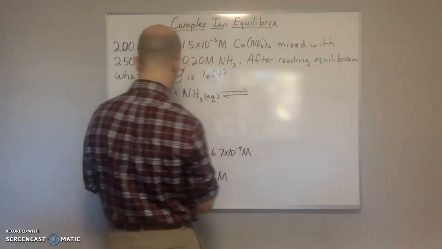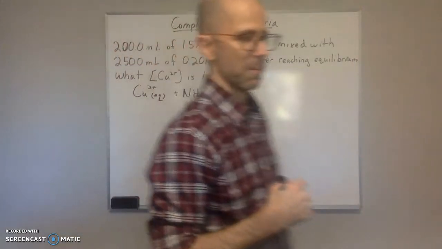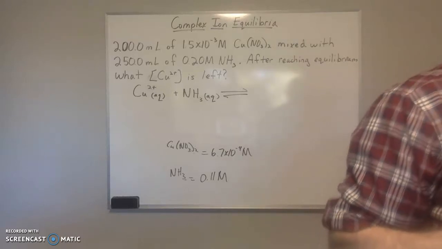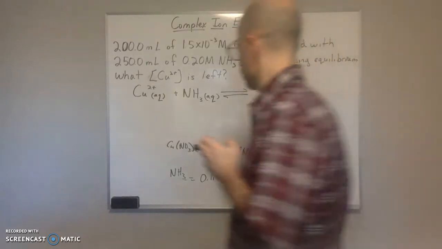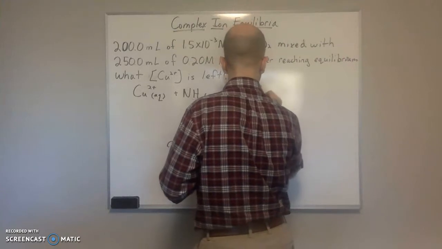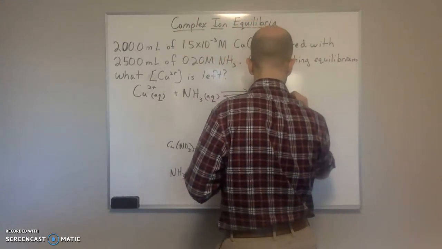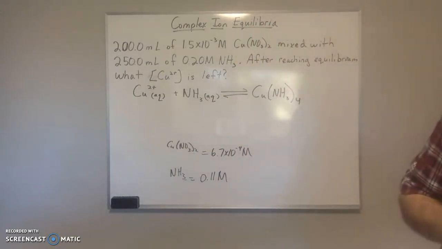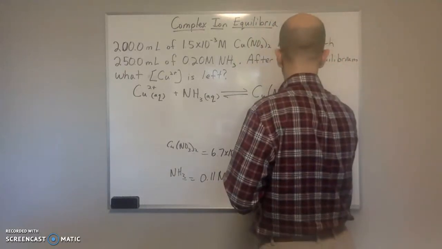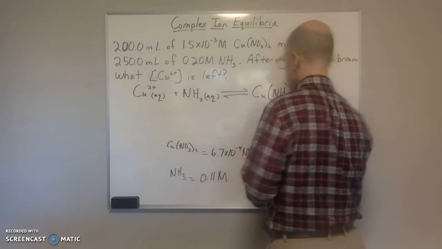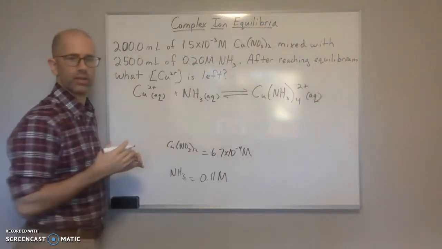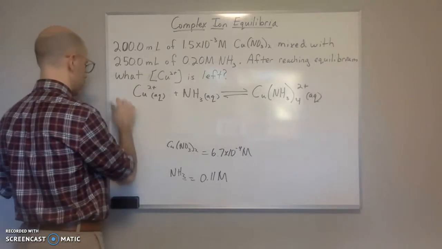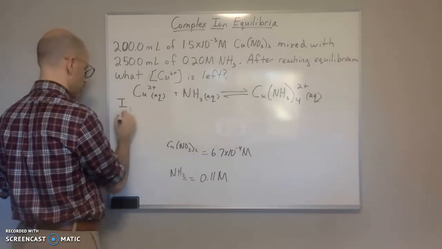And then we're going to form that complex, which is copper with 4 ammonias. So it's going to be Cu(NH3)4 with, I believe, a 2 plus, aqueous. And so what we need to do now is an ICE table. We're going to do an ICE table here.